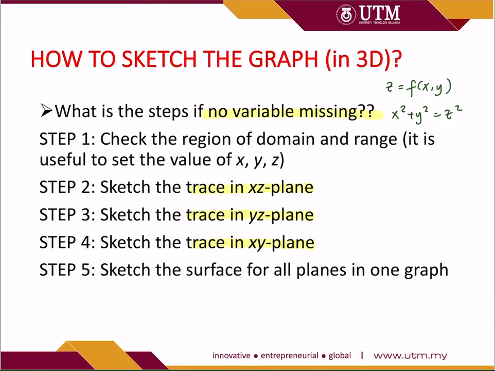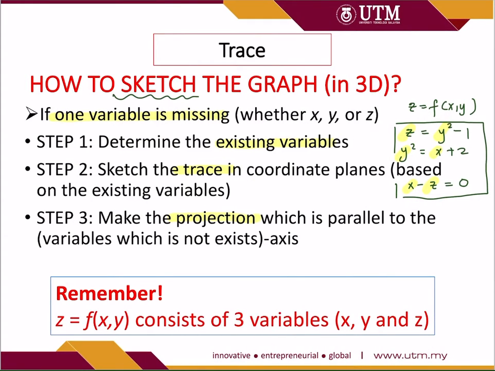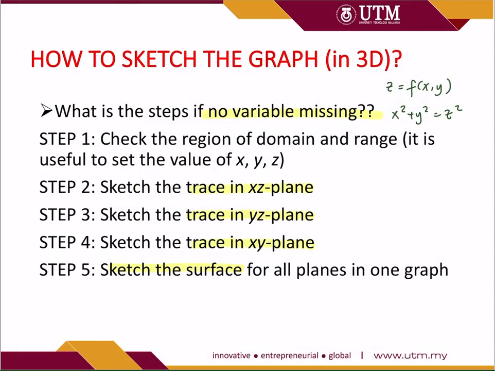So we need to sketch all planes, merge all the traces, and then we can sketch the surface. That is the difference between no variable missing and one variable missing. Alright, maybe you do not really understand this, so we move to the examples first.